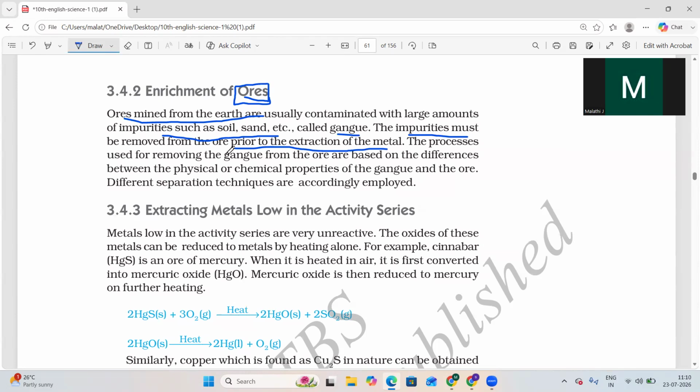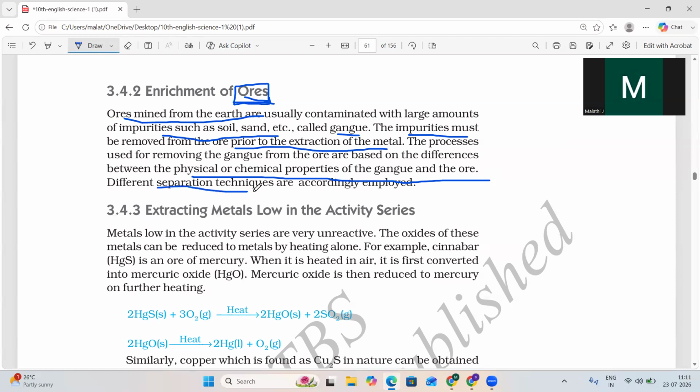So how should we clean the ores to extract those metals? Whether the metal has low, moderate or high reactivity, we first have to do enrichment of the ore, which means removing the gangue particles. That is the first step involved. We use different techniques based on the physical and chemical properties of the gangue and the ore. All metals do not react in the same way, and they are not all obtained from only one ore, as we studied last class with zinc ores.